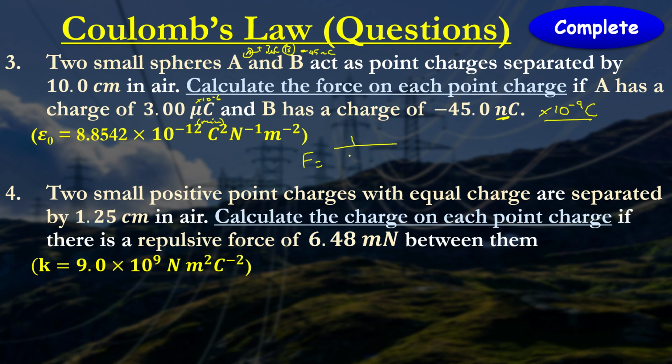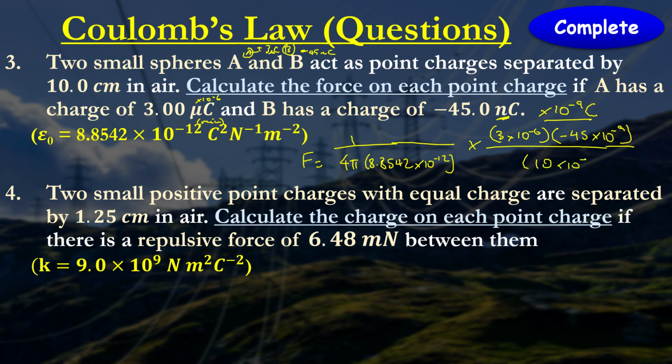So F is equal to 1/4 pi epsilon, which is 8.8 times 10 to the power -12, times the charge, 3 times 10 to the power -6, times 45 times 10 to the power -9. And also the radius of separation, which is 10 centimeters, convert that into meters, squared.